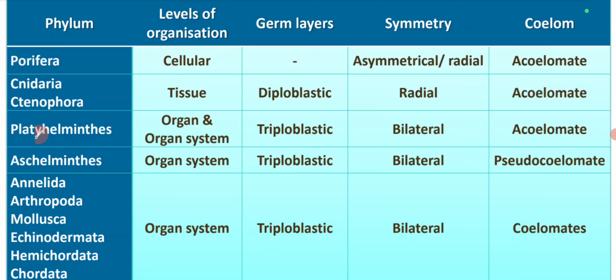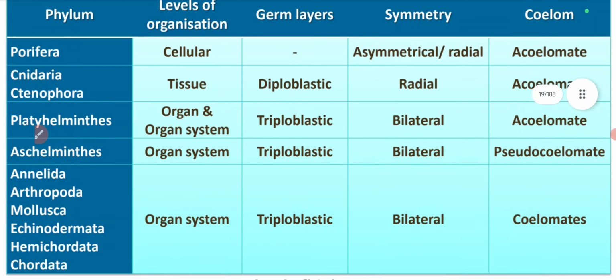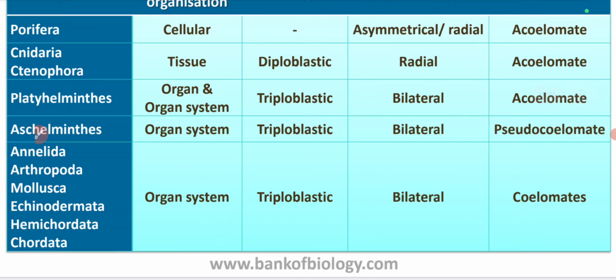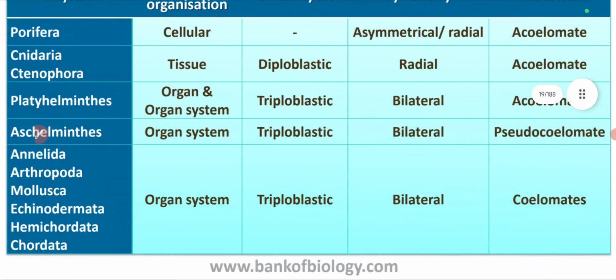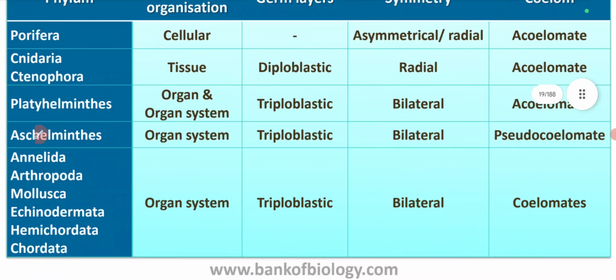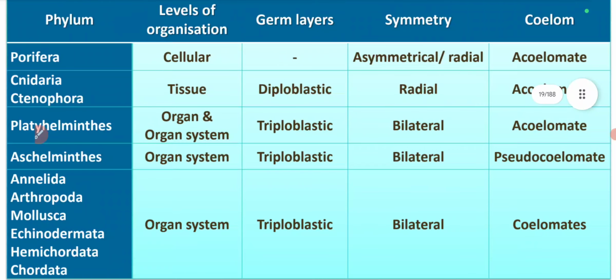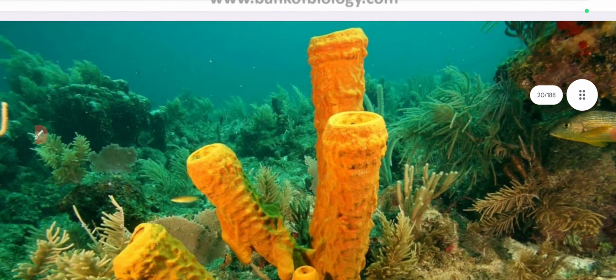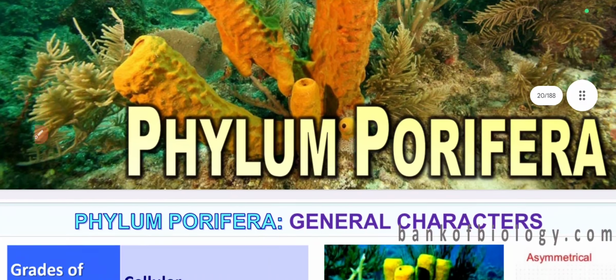Platyhelminthes: organ and organ system level, diploblastic, bilateral, acoelomate. Aschelminthes: organ system, diploblastic, bilateral, pseudocoelomate. Annelida, Arthropoda, Mollusca, Echinodermata, Hemichordata and Chordata all have organ system level, triploblastic germ layer, bilateral symmetry, and are coelomate animals. Let's start the first phylum, that is Porifera.